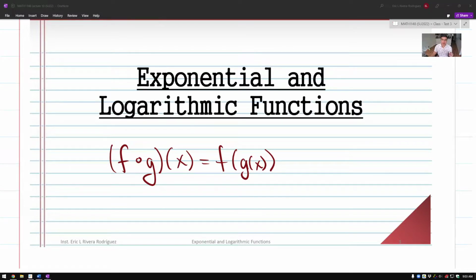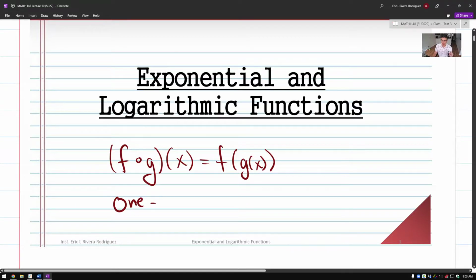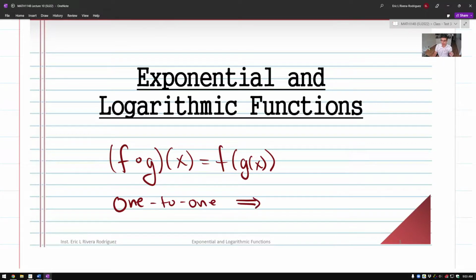We also need to remember that one-to-one functions have inverses.